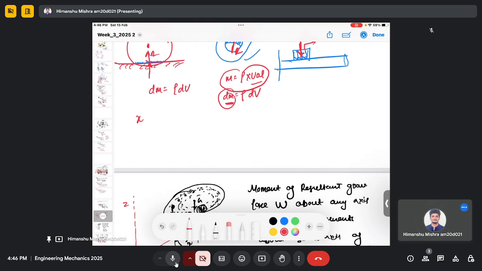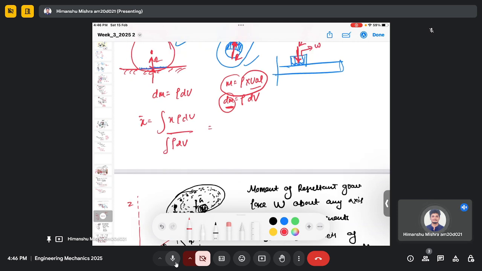So it will be x bar equals the integral of x rho dV divided by rho V, because this is the mass. Y bar equals the integral of y rho dV divided by rho V. Z bar equals the integral of z rho dV, and this is divided by rho V. Again, these are the same expressions.